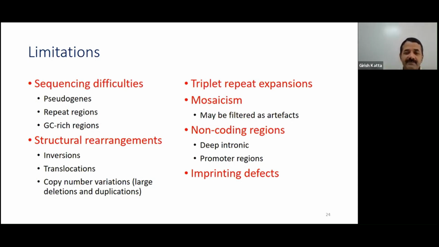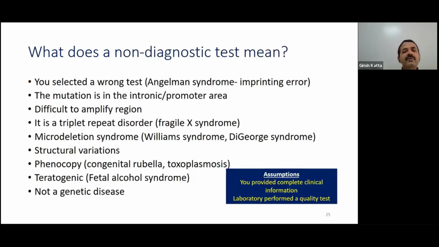Imprinting defects, which are epigenetic changes again, are not covered by any of the next generation sequencing tests that we are discussing today. So, if you do not get a diagnosis, what does it mean? One, it may be you selected a wrong test. It may be Angelman syndrome or Prader-Willi syndrome, which are due to imprinting errors, which may not be detected by exome sequencing or next-generation sequencing. It may be in the intronic area or promoter area where exome sequencing does not cover this area, or it is not in your target region.